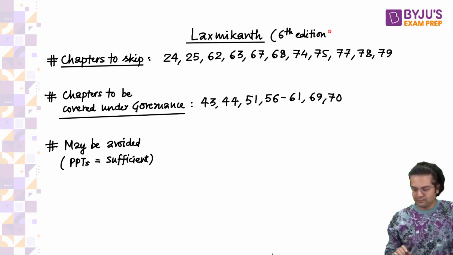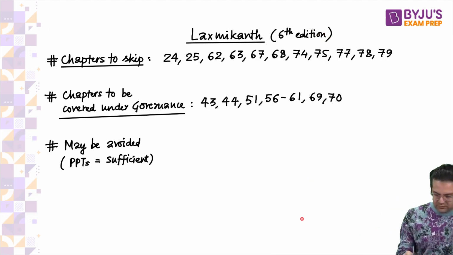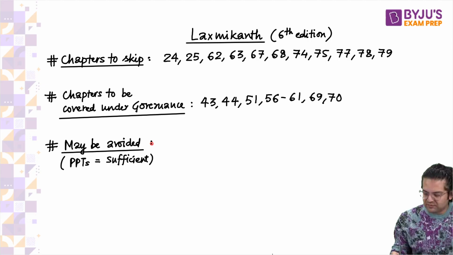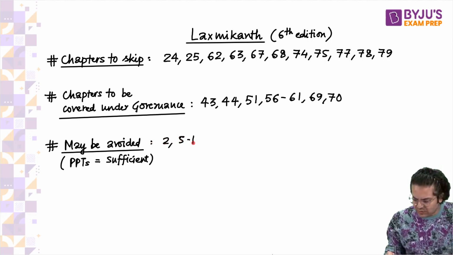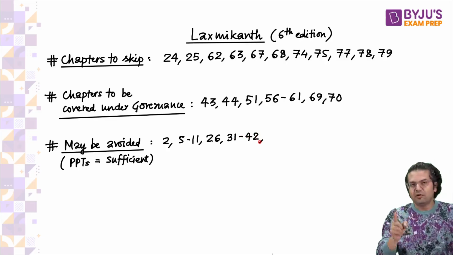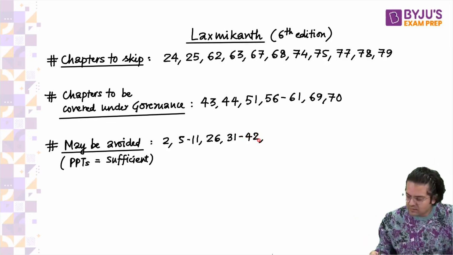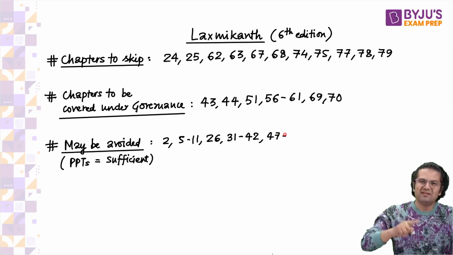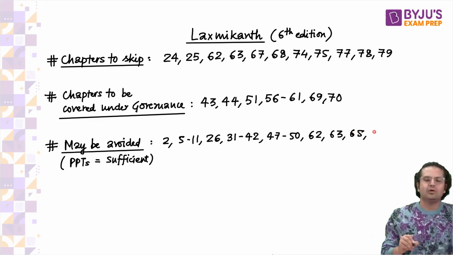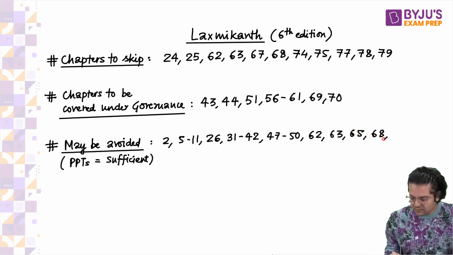Okay. So chapter 2, chapters 5 to 11, chapter 26, then chapter 31 to 42, 47, 48, 49, 50, then 62, 63, then 65 also, 68 also, then 71, 72, and 76.